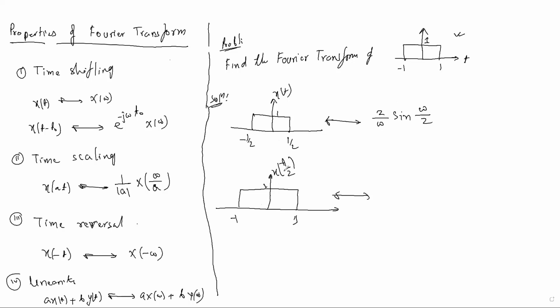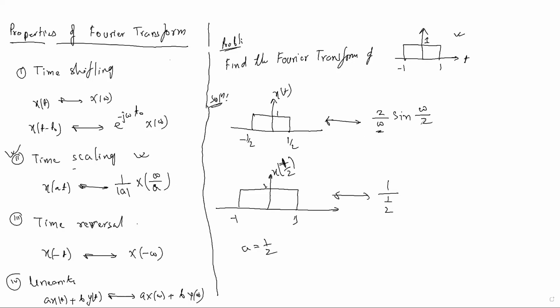So here, this is the scale property we have to use. The second property we have to use is time scaling, okay? Here a equal to half. So time scaling property says 1 by a, 1 by a is half, then X of omega by a, okay?